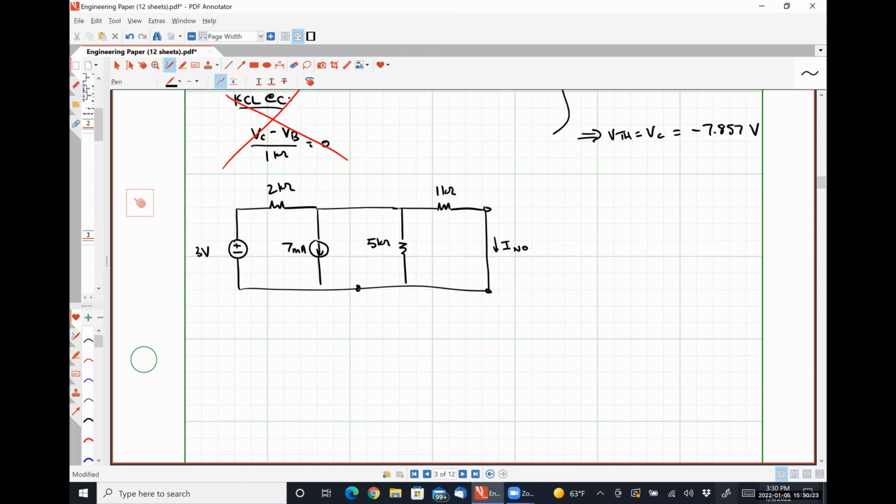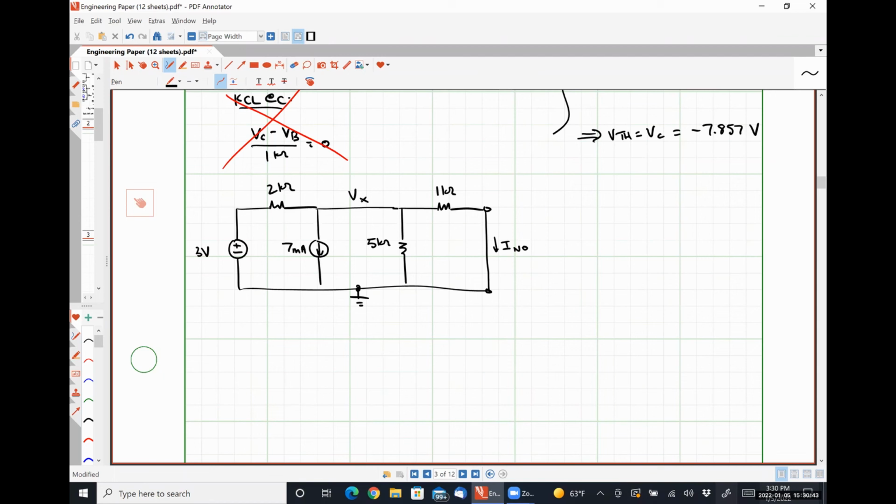We call this guy right here Vx. That's the only unknown voltage in our entire circuit. Everybody understand why that's true?